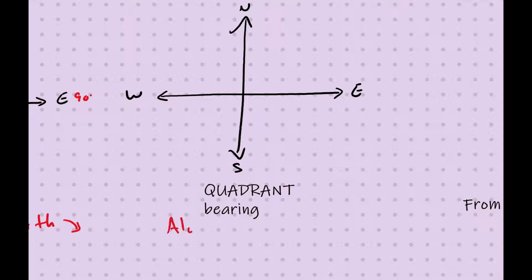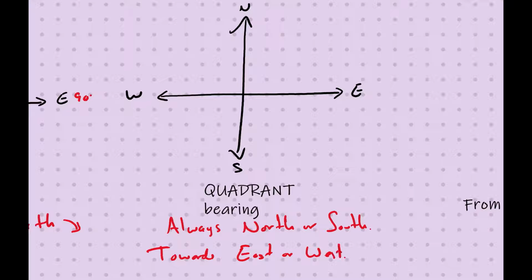For example, let's do 60 degrees east of north, or northeast. That means we measure from the north towards the east, 60 degrees. One way they could write that vector is north 60 degrees east.